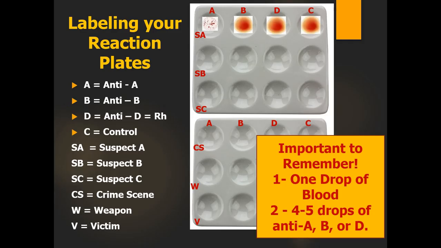If I got these results, what would I say this person was? Subject A: A negative. That would be right. The important thing to remember when you do this lab is 1 drop of blood and 4 to 5 drops of the antigen. If you put too much blood in, it's going to make it hard to see if it's coagulating. It might not coagulate all of it.